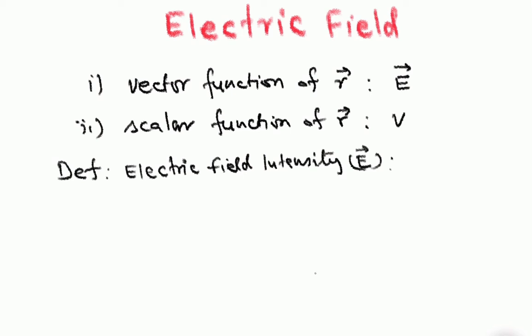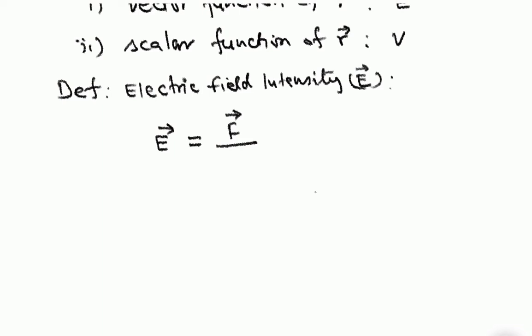Electric field intensity at a point, that is called the field point, is defined as the force experienced by a unit positive test charge q naught placed at that point.